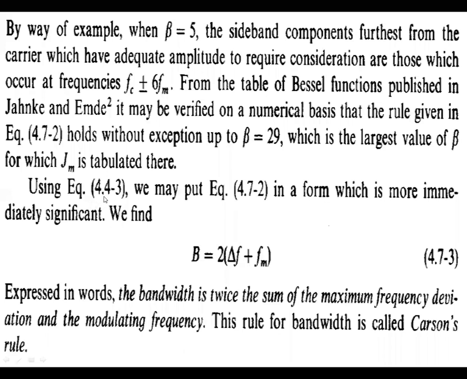Now consider the above equation: bandwidth B is equal to 2 into beta plus 1 into f. Now the beta value is del f by fm.